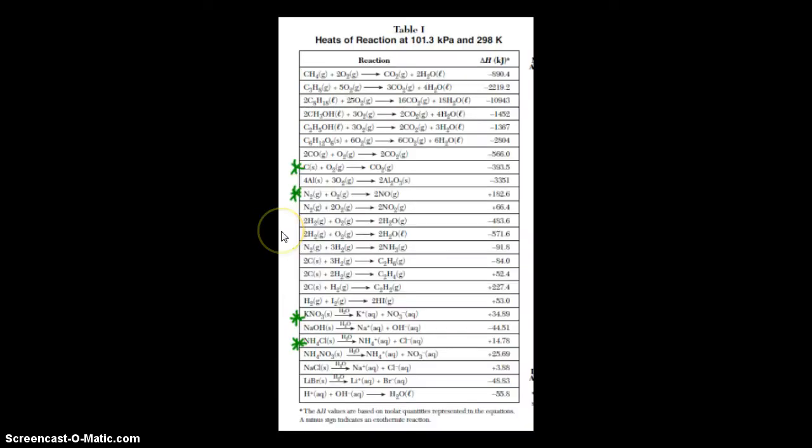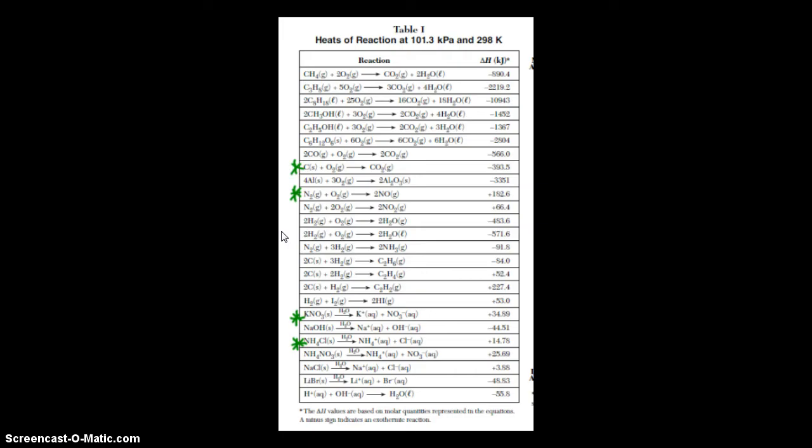Remember, that means negative delta H. We can find that hint on the bottom of Table I. What we need to do is use Table I, look up these equations, and find the one that has a negative delta H. I've put a star next to the four equations that are listed as choices in this question. Remember, we're looking for an exothermic reaction, so we need a negative delta H.